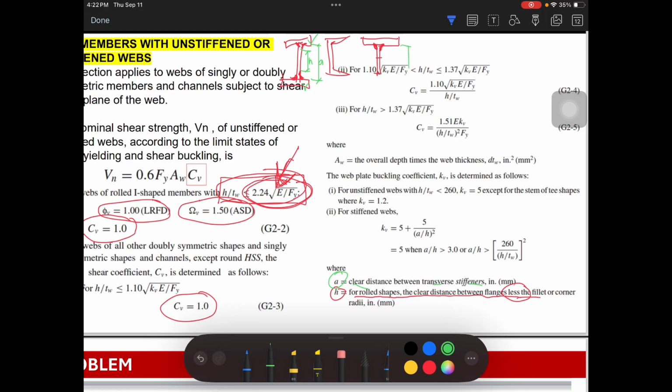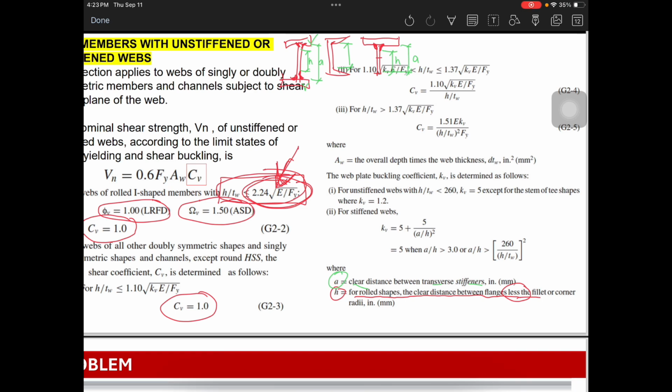Ang A mo is this one. Ang H mo is this one. So, for ito and channels, the same lang din. Pero actually, given ang mga yan sa table, no?